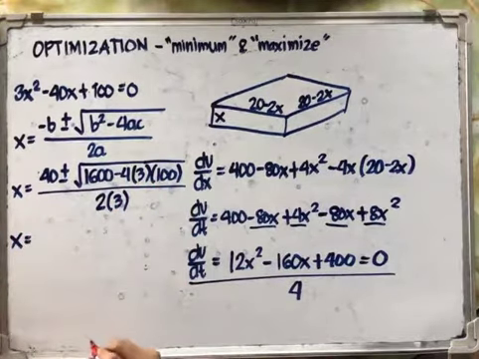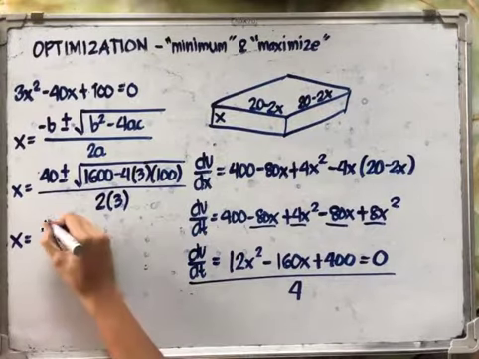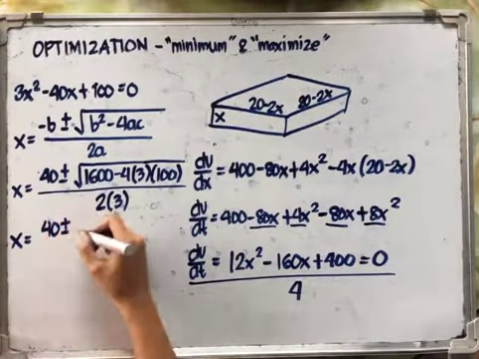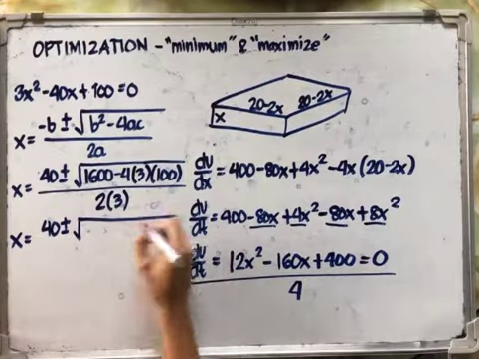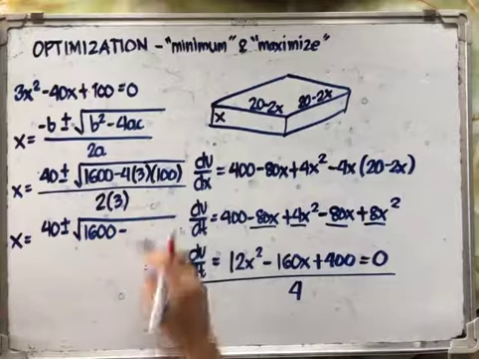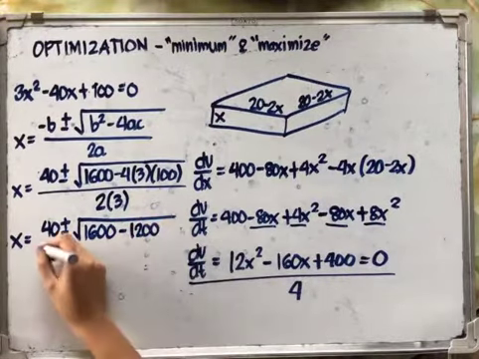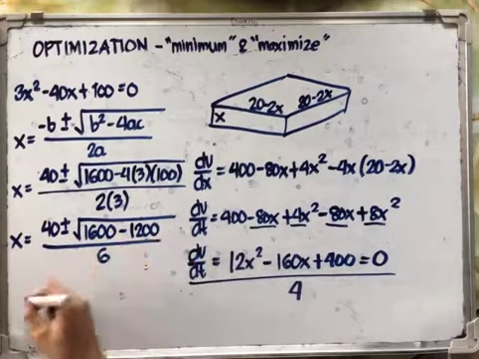Okay, so that's it. This is, how much is this now? 40 plus minus square root of 1,600. So this would be 12 times 100 is 1,200, right? Divided by 6.